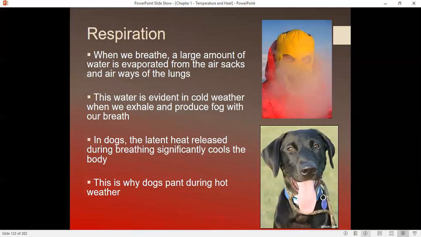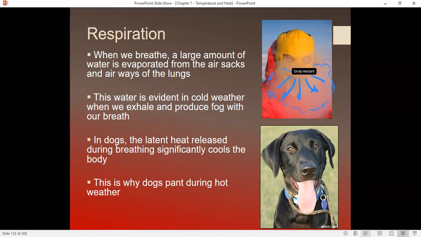Now, we ourselves vaporize quite a bit of water just by breathing. You can actually see this here. And it doesn't just have to be cold out. Being cold out, it actually illustrates this. What's happening is, as a person breathes, the air is condensing into visible fog.